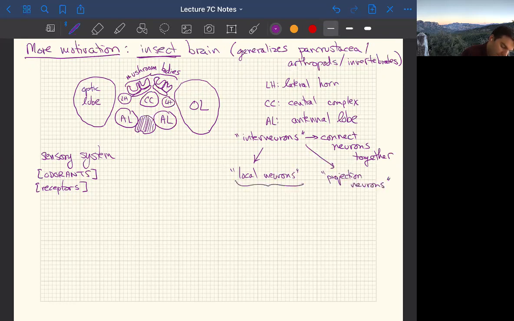The local neurons connect within each neuropil. The term people use is neuropil, and a neuropil is just a dense group of neural processes.